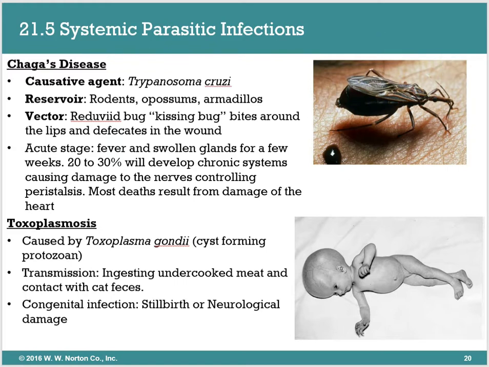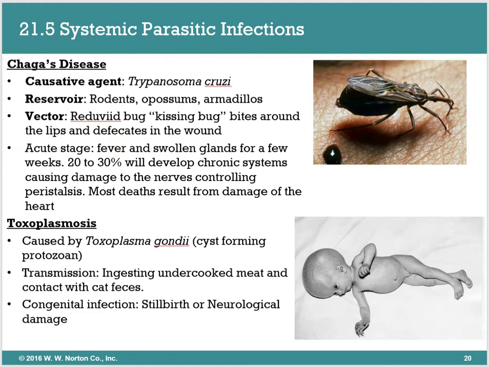And then what happens is that you'll get bit, and then it will defecate inside wounds. So the bug will poop on you. And then if you do become infected, you'll have fever, swollen glands for the first few weeks.